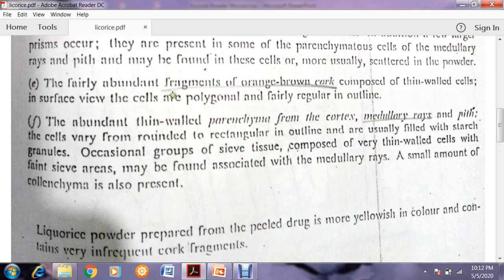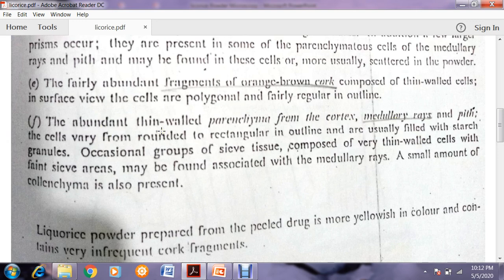Then what can we see? The fairly abundant fragment of orange brown cork. This is the root part, so you will see the cork and the cortex here. The corks are orange brown fragments composed of thin wall cells, and surface view of the cells are polygonal and fairly regular in outline. Then after cork, the abundant thin walled parenchyma of the cortex, medullary rays and pith.